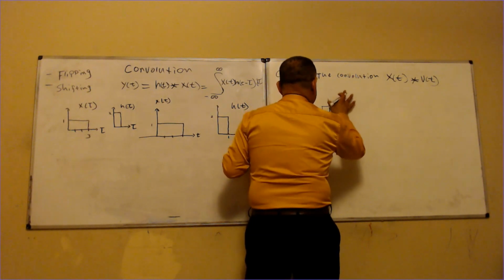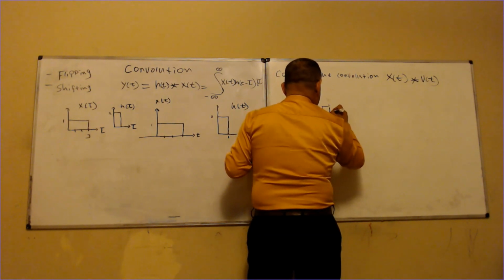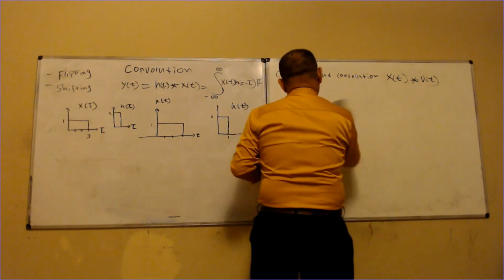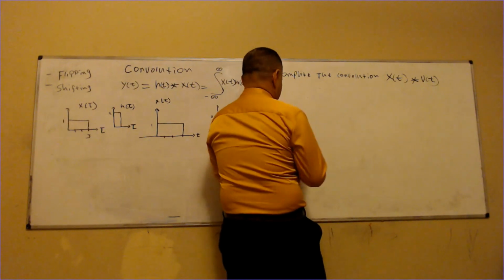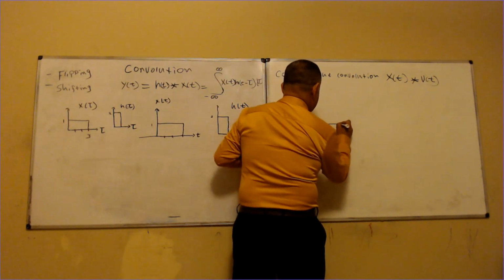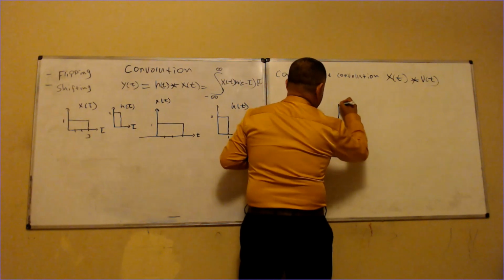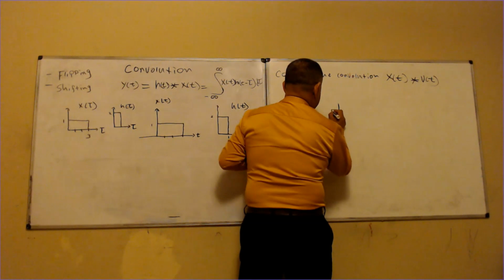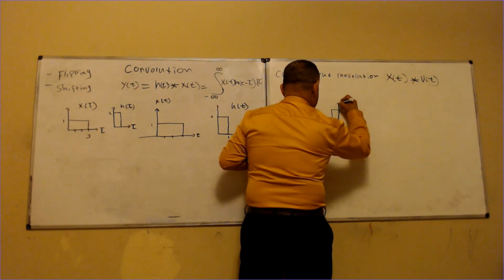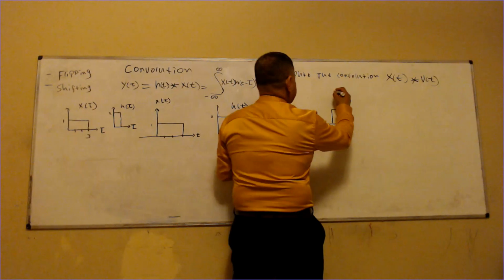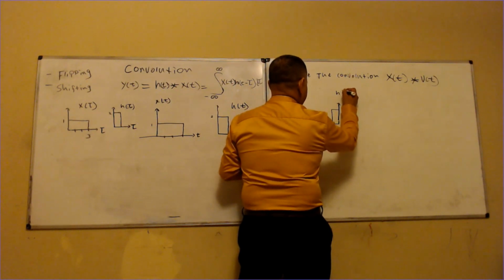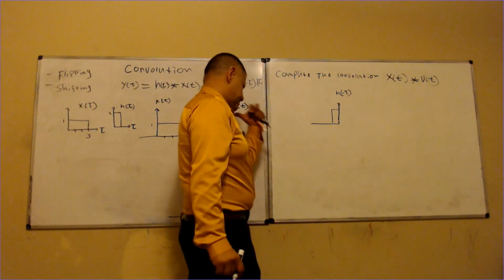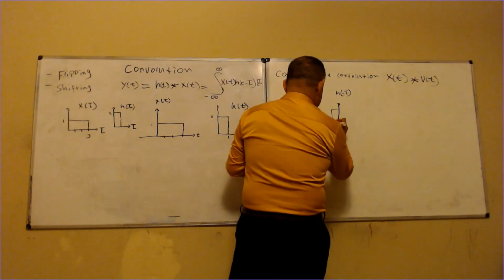Right? So this right here, this is not the best. So right here, if I flip that, all right, so now this is h of minus tau. See? It flipped to this side.